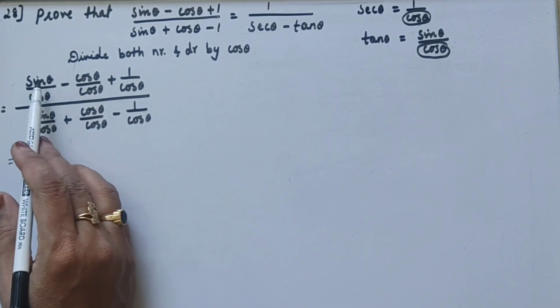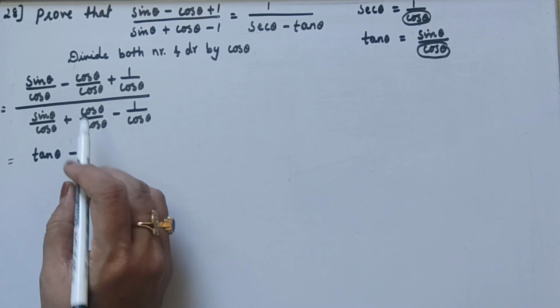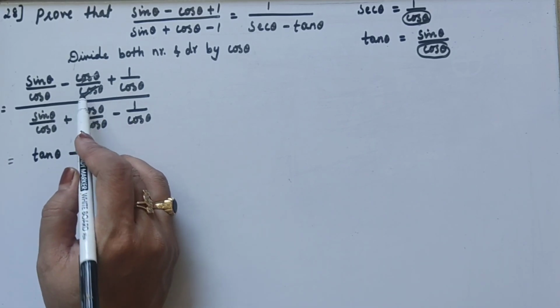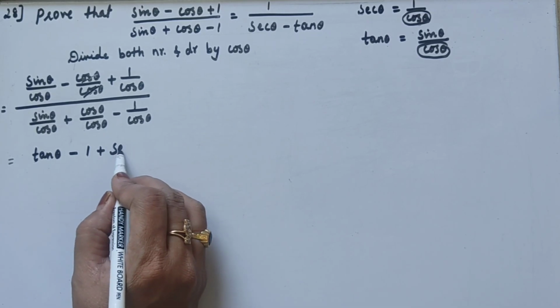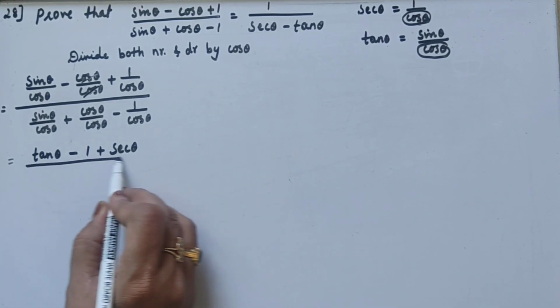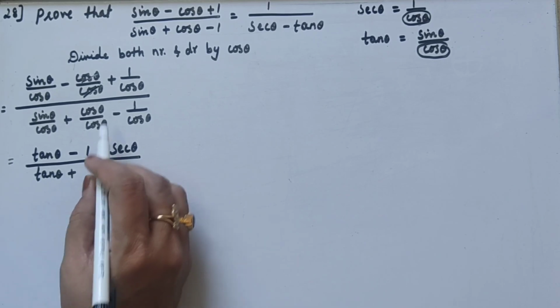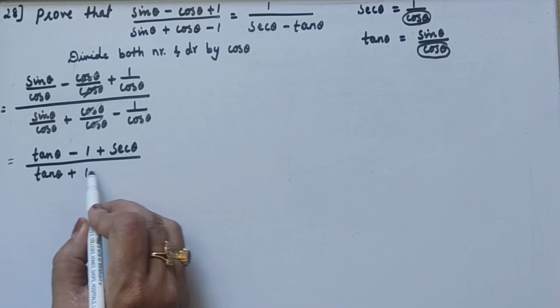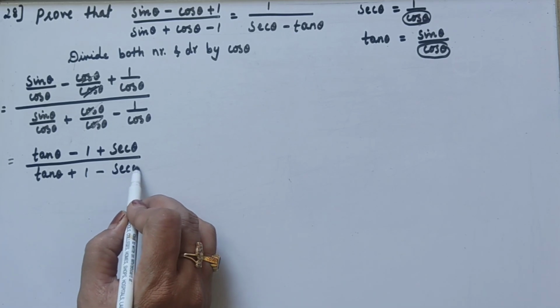Now after this, sin theta by cos theta is nothing but tan theta minus, cos gets cancelled, we get 1 here, plus 1 by cos is secant theta, upon this is tan theta plus, let me cancel this, I get 1 minus 1 upon cos will be secant theta.